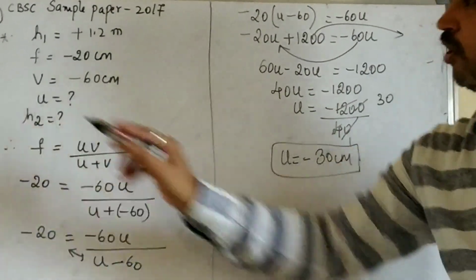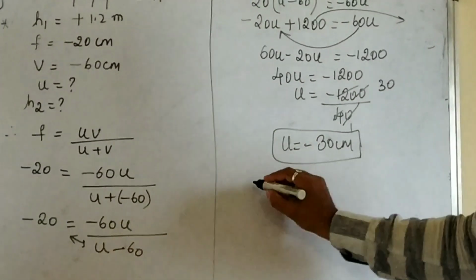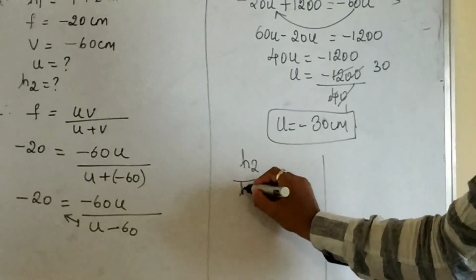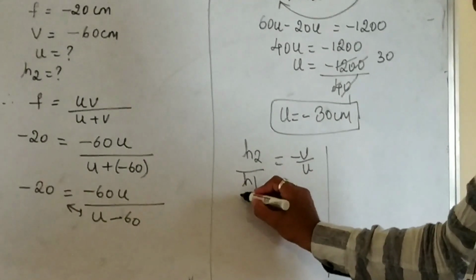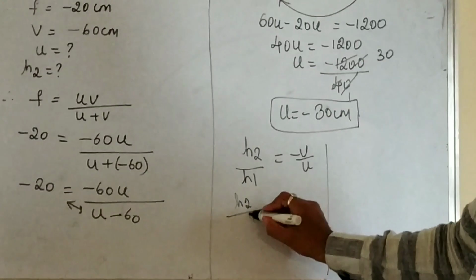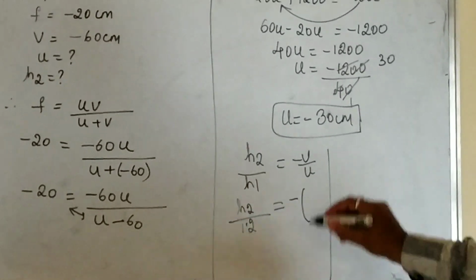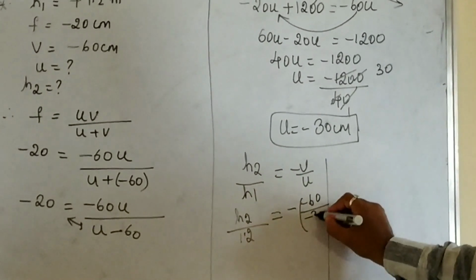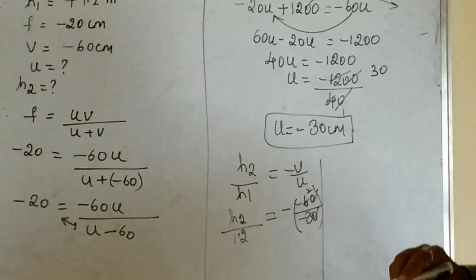Again you have to find out what is the height of the image. We know that h2 by h1 is equal to minus v by u. You don't know what is h2. You know h1, that is 1.2, is equal to minus of what is v? v is given minus 60 by what is u? Minus 30. Here only you can simplify. 3 ones are 3, 3 2s are 6.